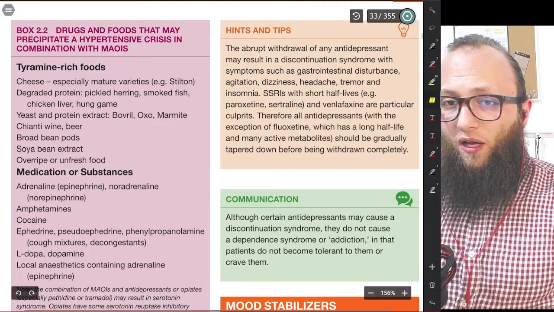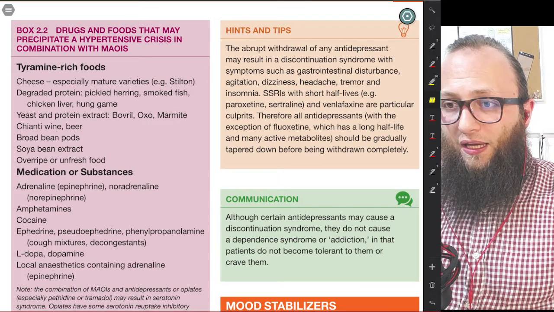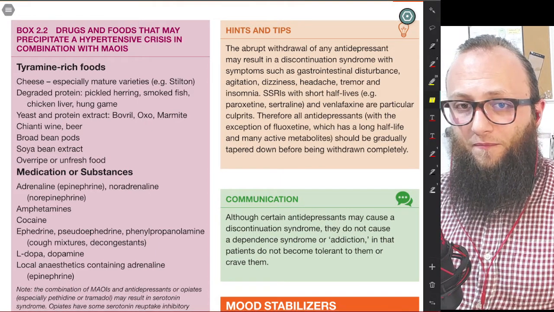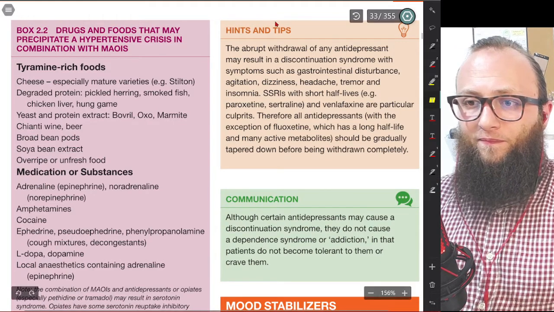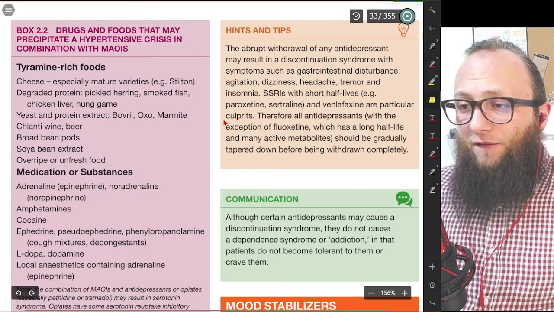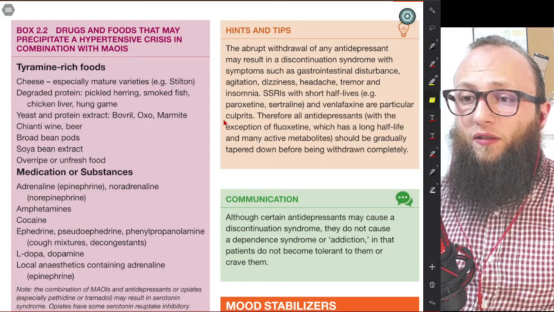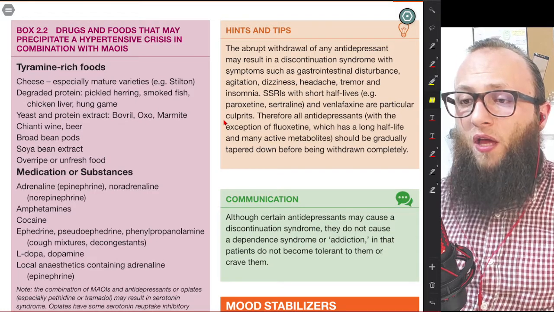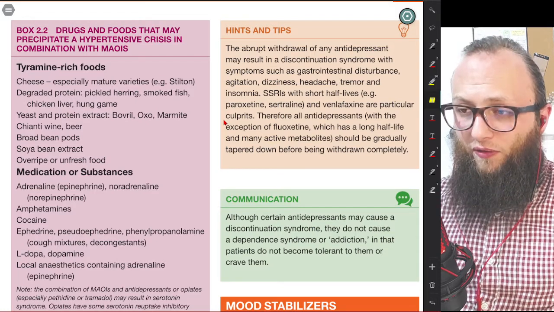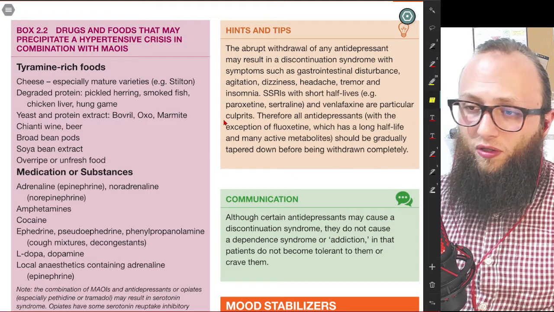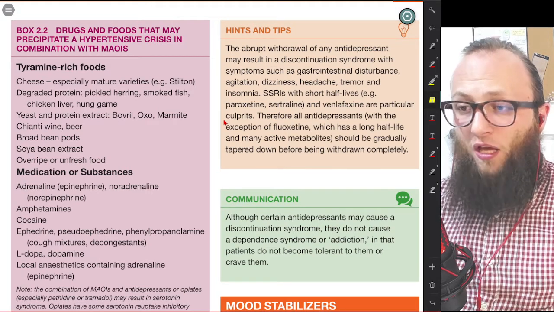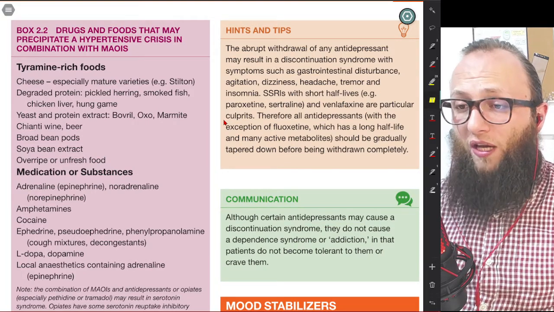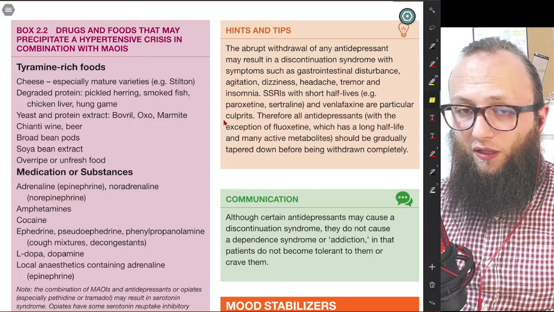SSRIs with short half-lives like paroxetine and sertraline, and venlafaxine, are particular culprits. Therefore, all antidepressants, with the exception of fluoxetine, which has a long half-life and many active metabolites, should be gradually tapered down before being withdrawn completely.